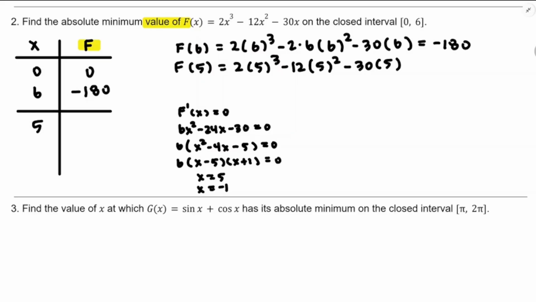Let me see, okay, well, 5 to the third is 125. 5 times 4 is 100, so times 12 would be 300. And 30 times 5 would be 150. Okay, so 100 minus 300 is negative 200. And so the minimum value of f on the closed interval 0 to 6 is negative 200.